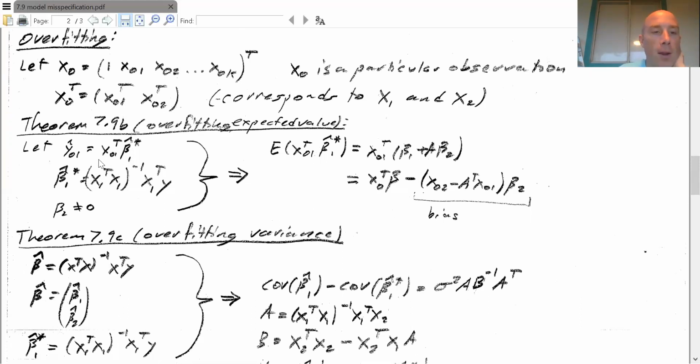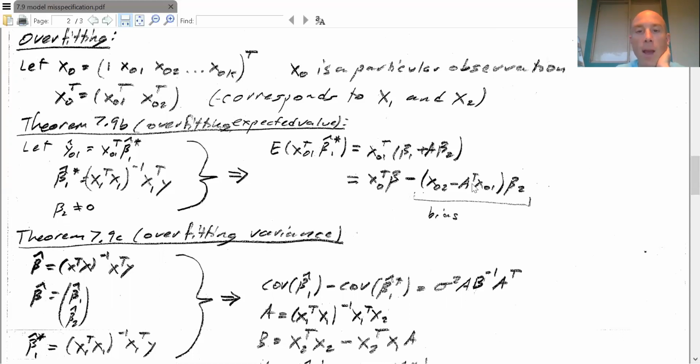If I take this dot product, and this is how that's calculated, and we're saying the beta sub 2's are not equal to 0, then the expected value of this is going to be very similar, beta 1 plus a beta 2 from what we had previously times the x01 vector transpose.